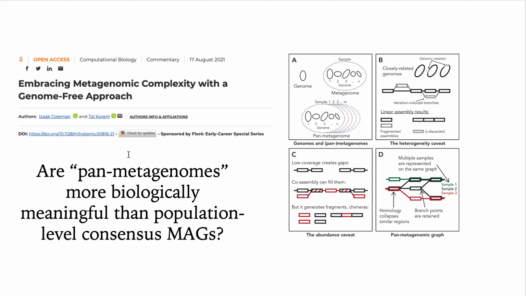And even if you do get a bin, it's likely leaving out a lot of important information, a lot of important genes that are prevalent in this taxon, but maybe not at the threshold level that you've defined for a MAG. And so maybe we should be thinking about these populations in terms of pan-metagenomes rather than sort of linear consensus MAGs.